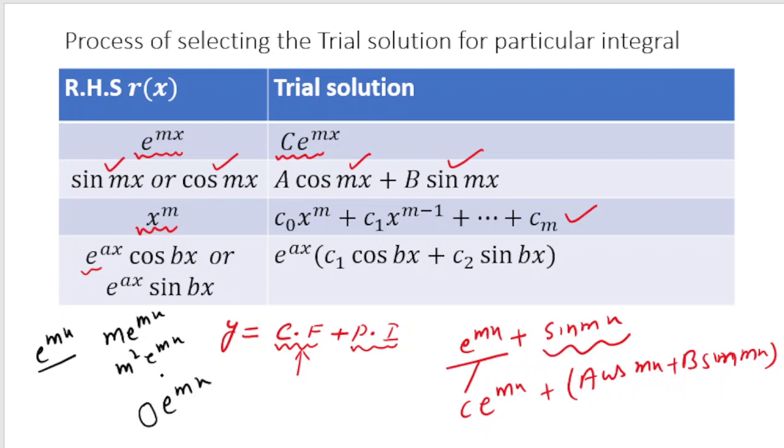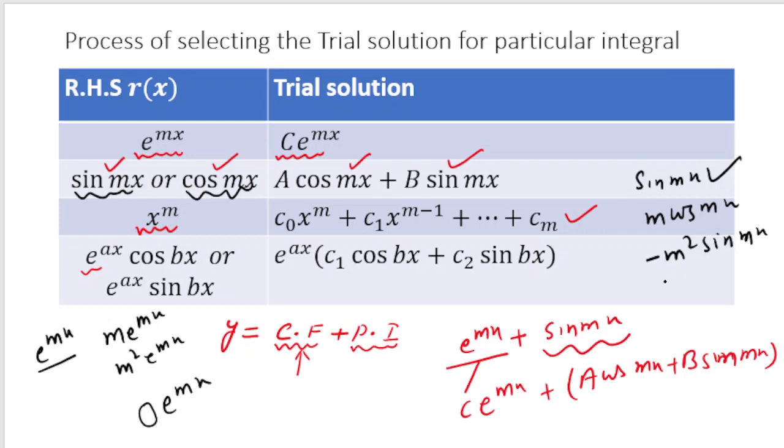Similarly, if you talk about sin mx or cos mx, if you differentiate it any number of times, what will you get? Either cos mx or sin mx. Suppose I take sin mx and differentiate it, I will get m cos mx. I differentiate it again, I will get minus m squared sin mx.